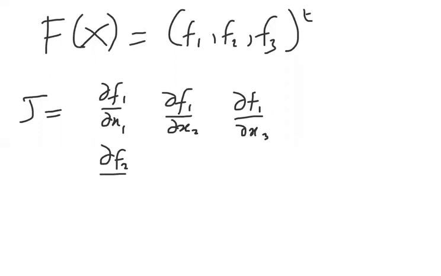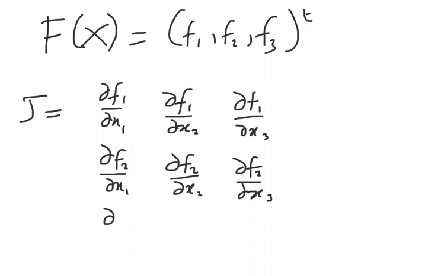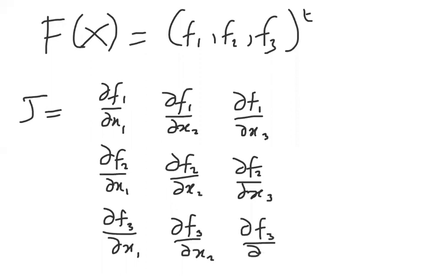So partial of f2 with respect to x1, partial of f2 with respect to x2, and lastly, partial of f2 with respect to x3. And the last row here will contain partial derivatives of f3. So partial of f3 with respect to x1, partial of f3 with respect to x2, and lastly, partial of f3 with respect to x3.